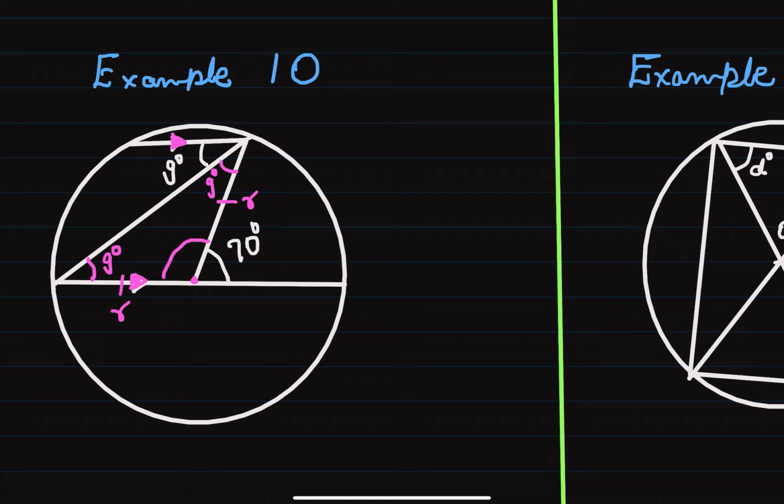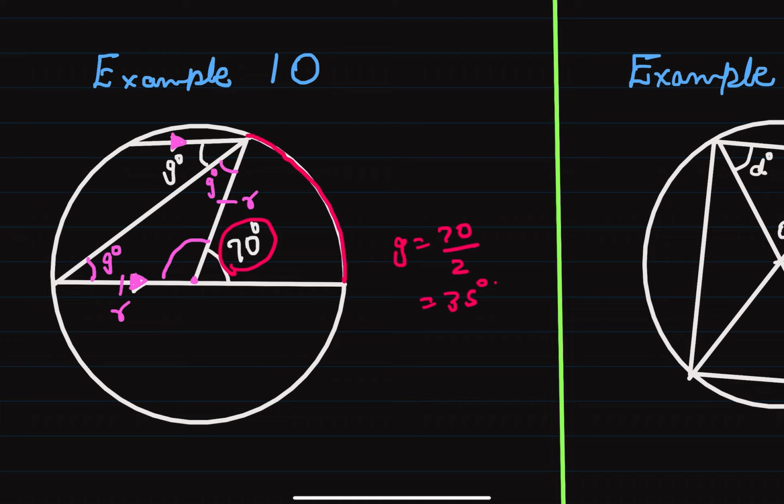You can easily find out, because this angle is subtended by this arc. The angle at the center is 70. So this G should be half of it, right? So this should equal 35, right?